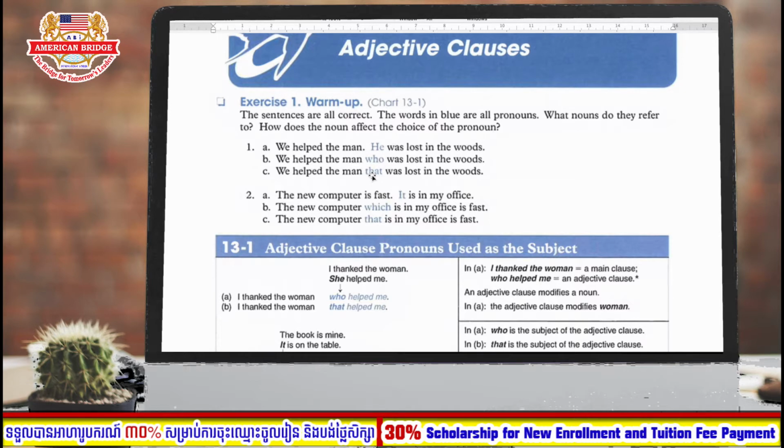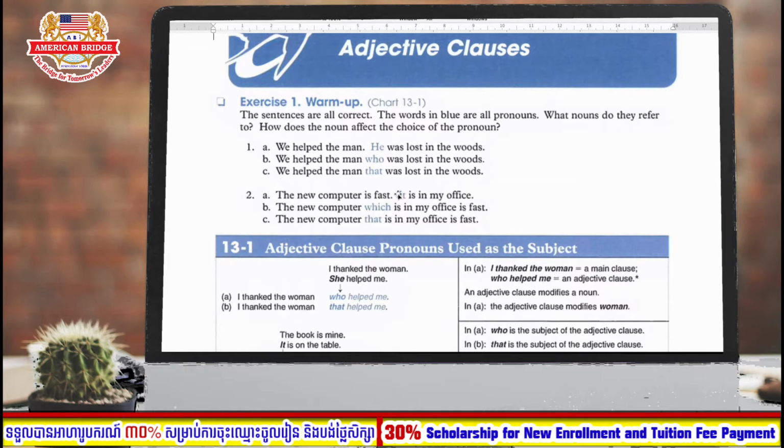So who and that here are the adjective pronouns that refer to the man. And if you look closely, sentence letter B and letter C is only one sentence, right? There is no full stop, but it has the same meaning as sentence letter A. Why? Because of the choice of the pronoun. If you choose the pronoun properly, you can combine two simple sentences together.